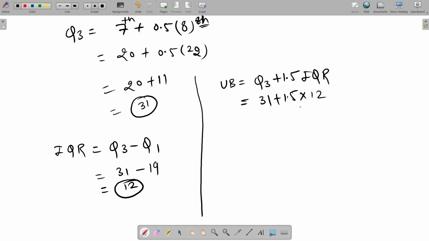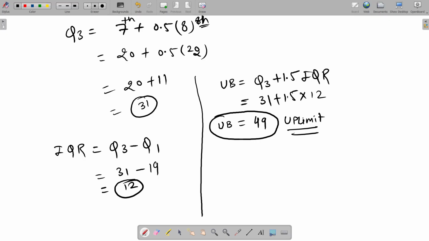IQR is 12. So 31 plus 1.5 times 12, it will be 49. So 49 is our upper bound, which means upper limit.